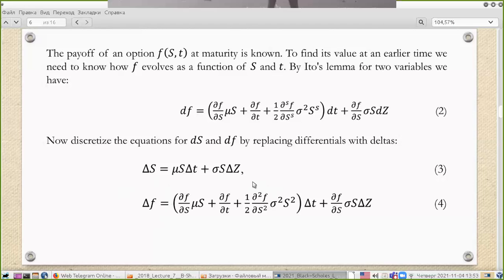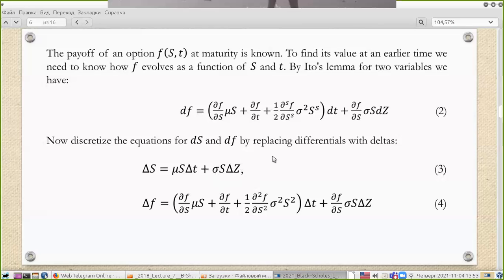and write it in the delta f equation. Do you think that we can express this?